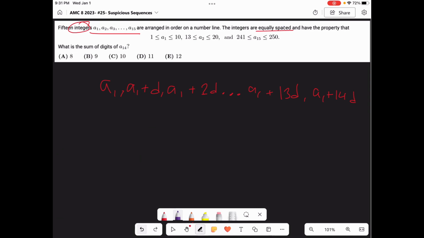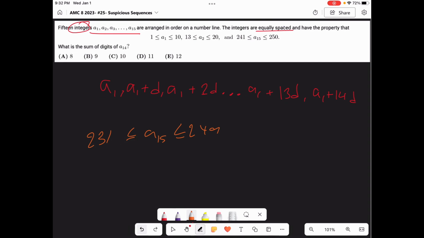The maximum value would be the max minus the min of A1, so that would be 249. And the minimum would be the opposite, 241 minus 10, which is going to be 231. Let's rewrite that a bit neater. So A15 minus A1, which is 14 times the common difference, can be between 231 and 249.